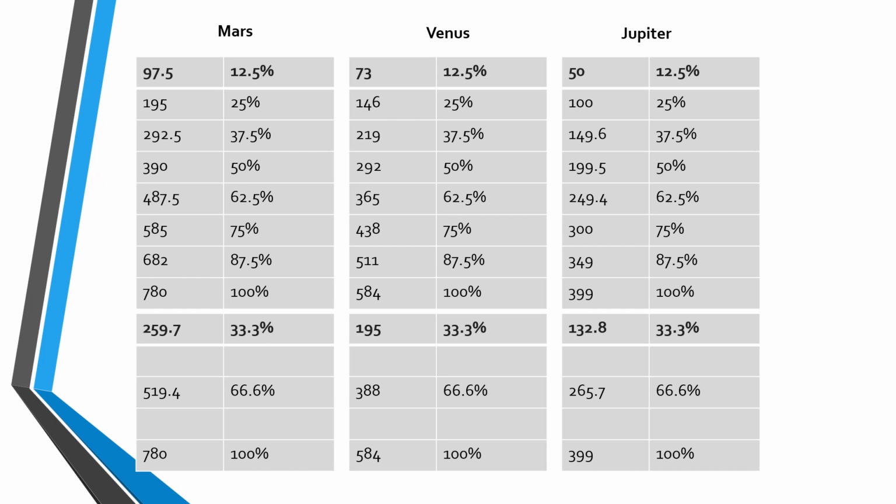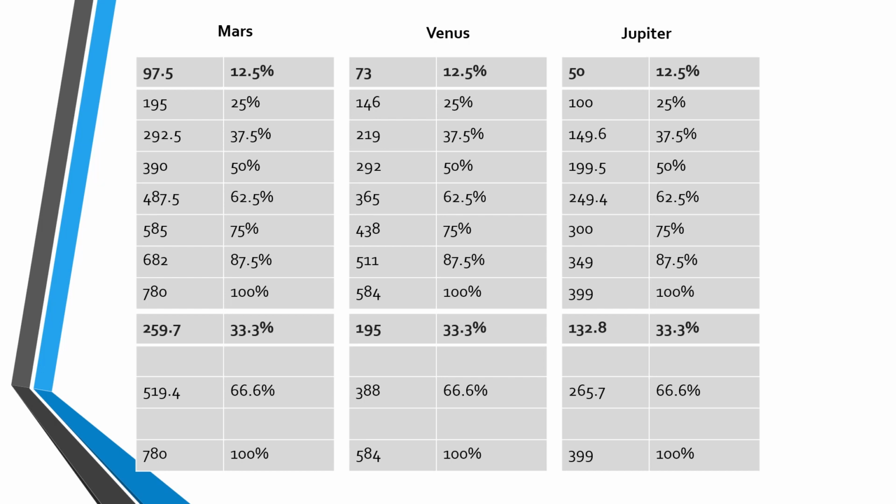And so 12.5% of that is 73 days. 1/4, or 25% of that Venus cycle, is 146 days, and so on. In terms of the 1/3 divisions, 1/3 of the Venus cycle is 195 days. 2/3 of the Venus cycle, or 66.6%, is 388 days.